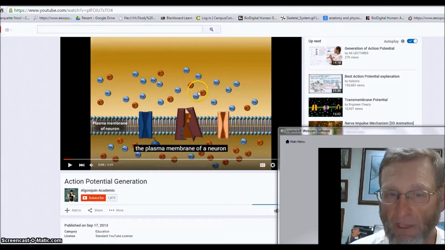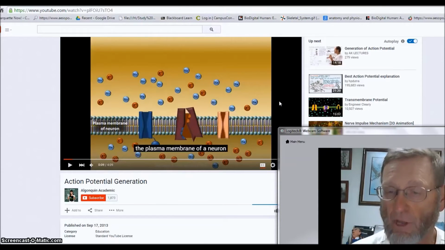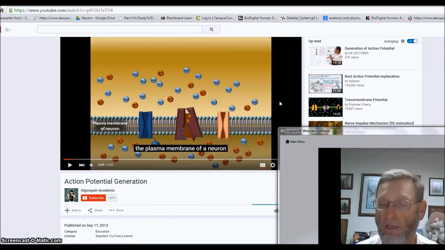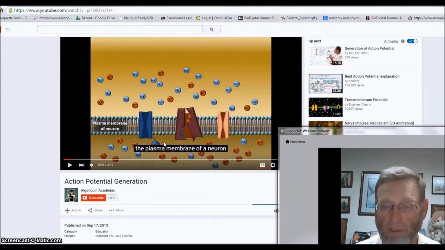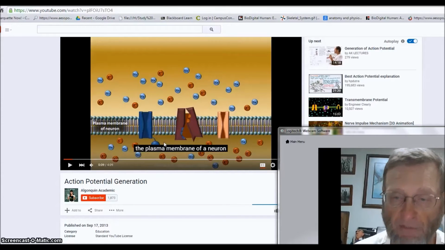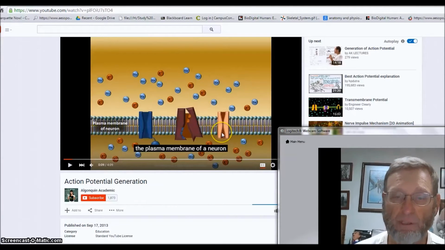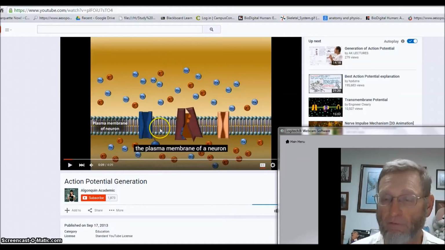So the wave propagates in one direction, down the membrane, down the axon membrane if it's a nerve cell, or across the muscle cell membrane, the sarcolemma, if it's a sarcomere, i.e. a muscle cell. As the repolarization is happening using ATP to pump this stuff back out of the inside of the cell, as it's happening behind the initiation of a new depolarization point, then the wave of depolarization travels in one direction.